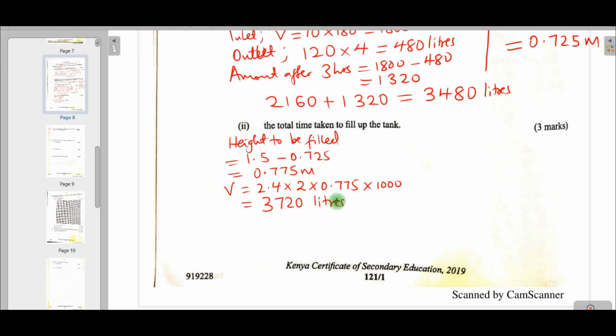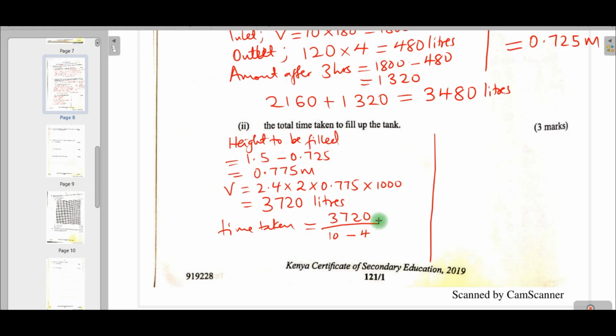And now the time taken will be this volume and the rate at which the inlet and the outlet pipe let in water and out. So the inlet is letting water in at 10 liters per minute, and the outlet lets water out at the rate of 4 liters per minute.